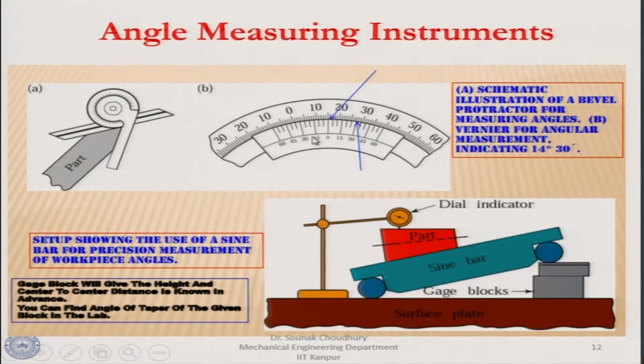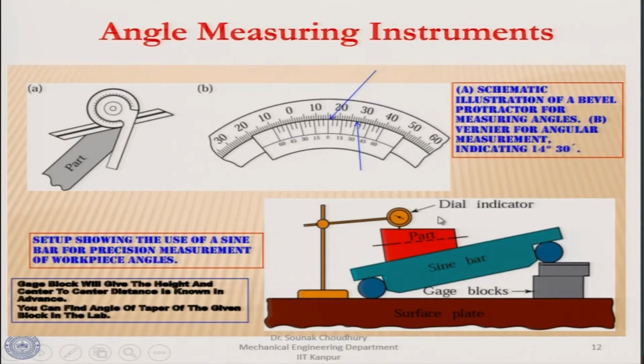That means up to which decimal level you can find out depends on the least count. Now, this is the schematic illustration of a bevel protractor for measuring the angle, and this is the vernier. So, this is more detail of the vernier scale for angular measurement. As shown, it is indicating 14 in the minutes, and in the seconds it is showing 30.